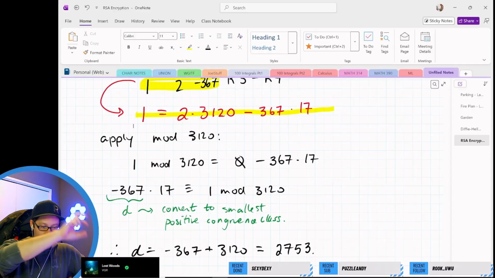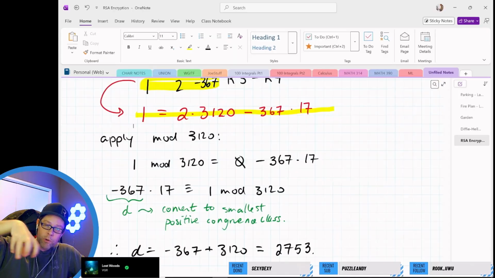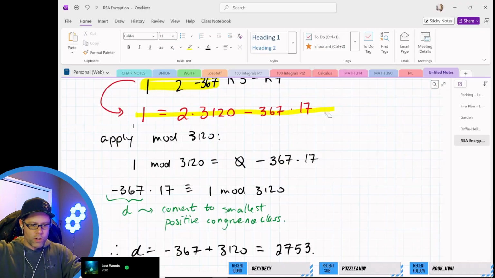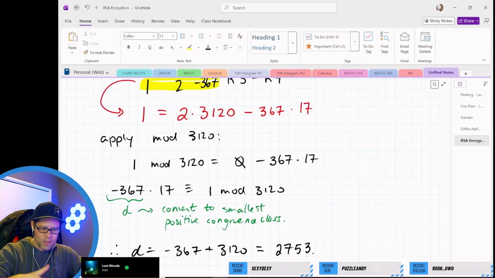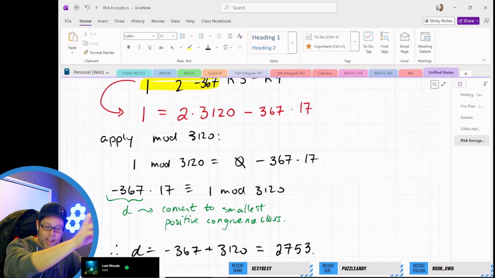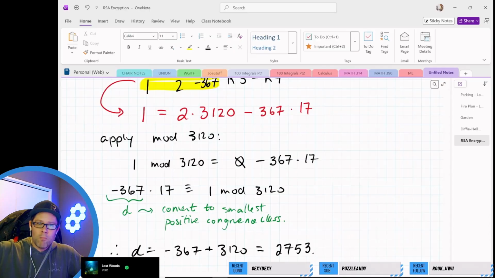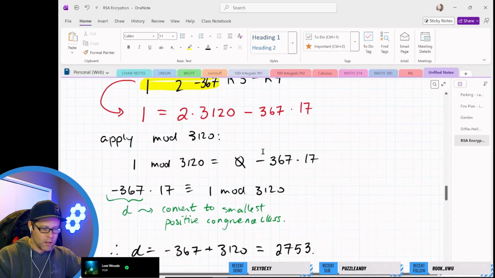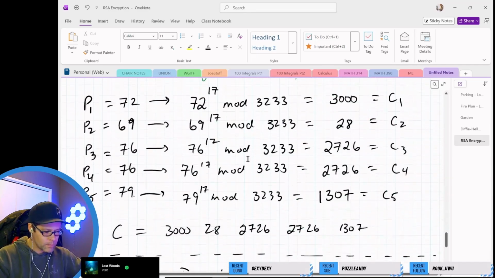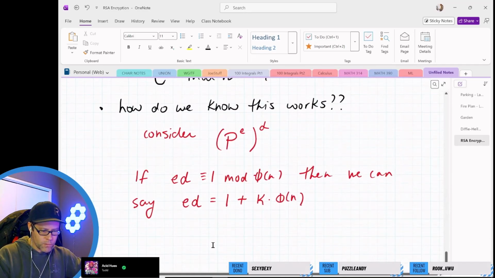Right, so we were able to express 1 as a linear combination of 3120, which was our phi n, and 17 and its inverse. So that's all we're saying here. We should be able to write 17 and its inverse as 1, plus some unknown multiple of phi of n. In our case, we know what that multiple is. It's 2. So that's all I'm saying down here.